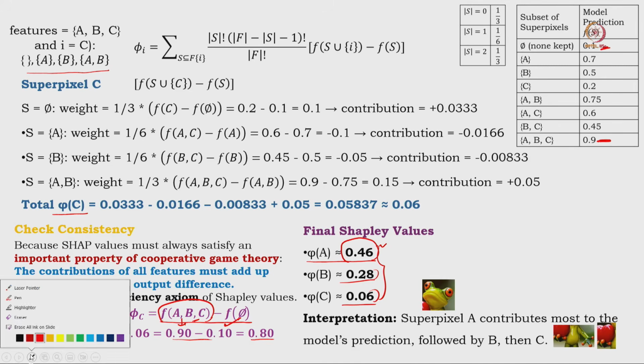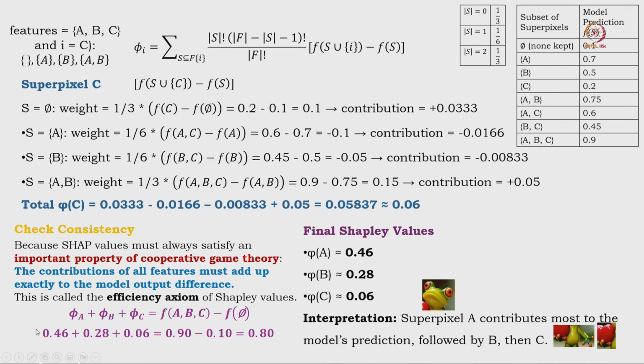Right. So, now what exactly is this 0.80? How do you have to understand this? This is the total model prediction, and the total model prediction must be distributed fairly among the features. Which are the features here? The features are A, B and C. Now, the 0.80 has to be distributed fairly.